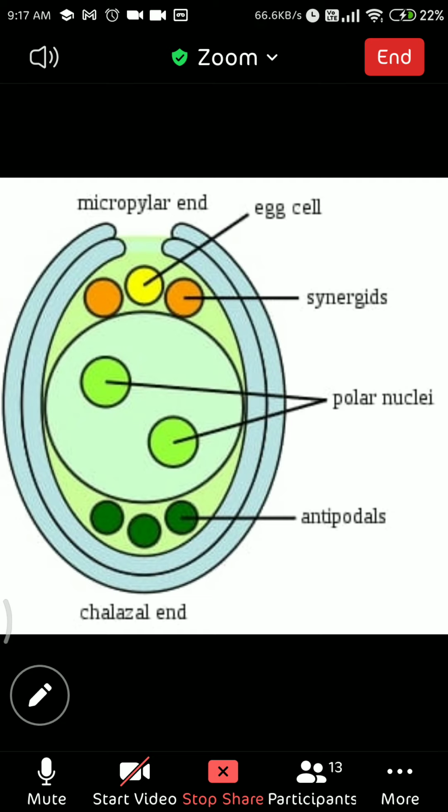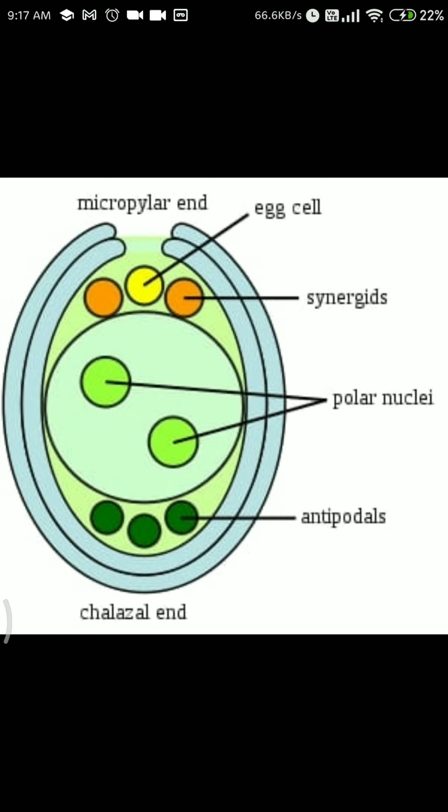Three nuclei are at one side, at the micropylar side, and three are at the chalazal side. Here one is the egg and two are synergids, and two polar nuclei are visible.